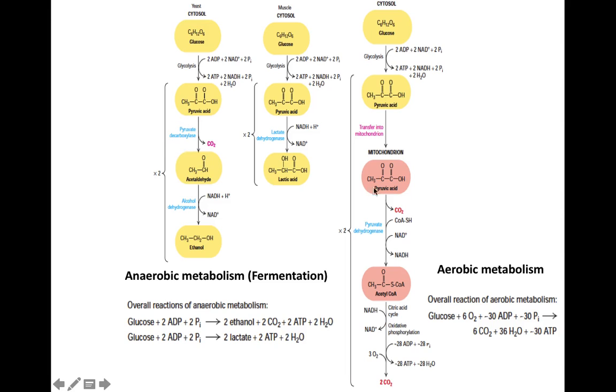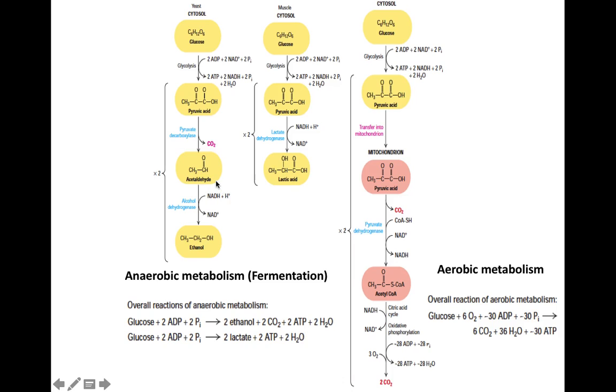In case of mitochondrion, pyruvate is converted into acetyl coenzyme A by pyruvate dehydrogenase, while in yeast, pyruvate is converted into acetaldehyde by pyruvate decarboxylase. This removes CO2 from pyruvate, and pyruvate is converted into acetaldehyde.